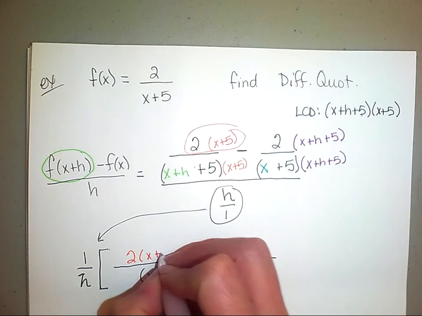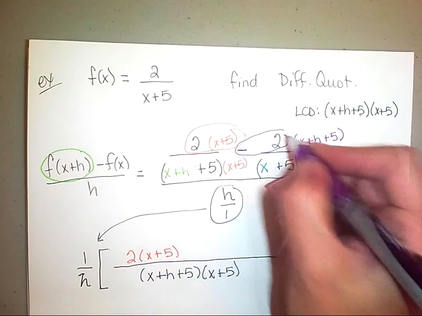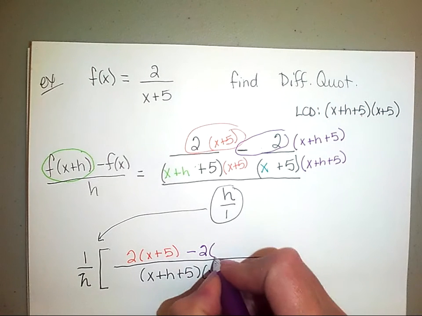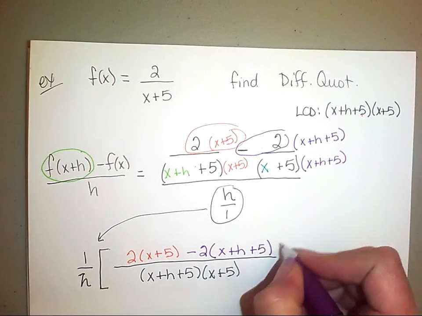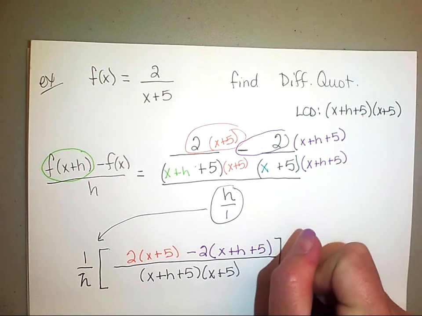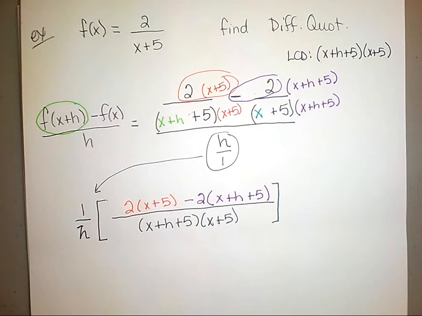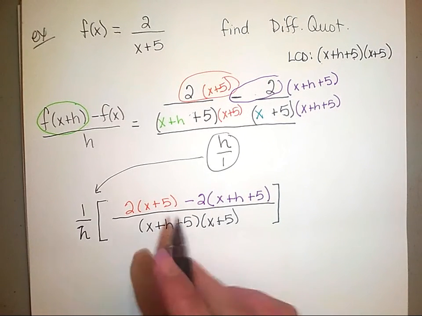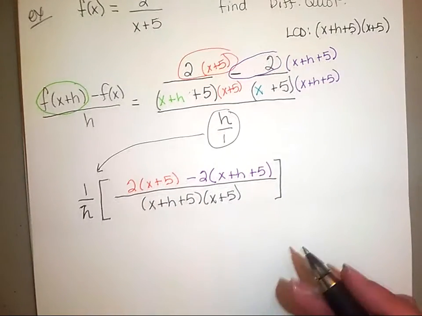Now I'm going to simplify this. So we've decided the common denominator is x plus h plus 5 times x plus 5. The first term is this, 2 times x plus 5. And then here, don't forget about this negative, we have minus 2 times x plus h plus 5.